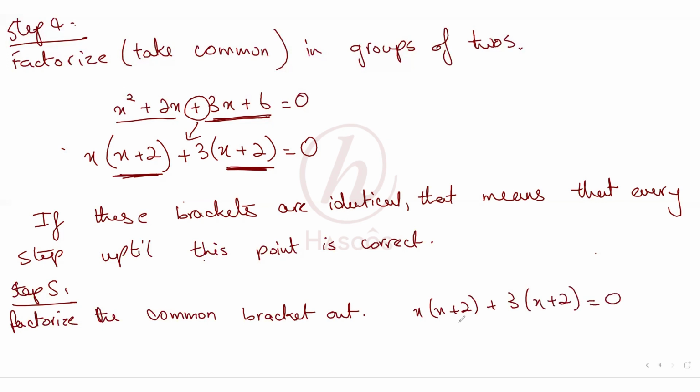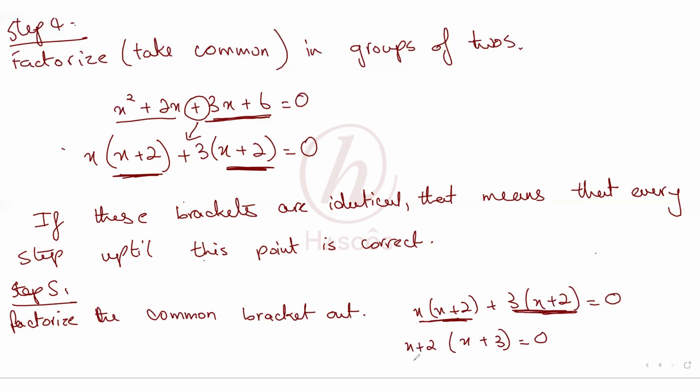We have a common bracket which is x plus 2. We can take that common bracket out as common. We're going to take the entire x plus 2 out as common. When we take x plus 2 away from the first term, x times x plus 2, we're left with an x inside. And when we take x plus 2 away from the second term, we're left with a plus 3 inside. Hence, we have taken out x plus 2 as common.